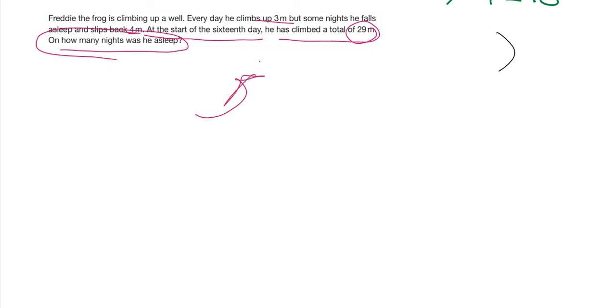Friday the frog is climbing up a well. Every day he climbs up 3 meters, but some nights he falls asleep and slips back 4 meters. At the start of the 16th day he has climbed a total of 29 meters. On how many nights was he asleep? So you have to use that exact same method, and you can do it.